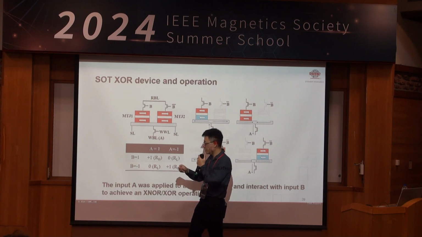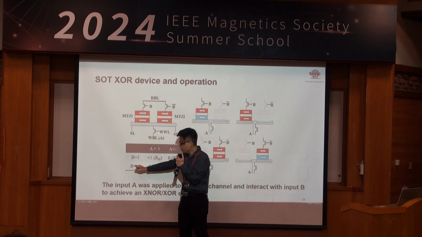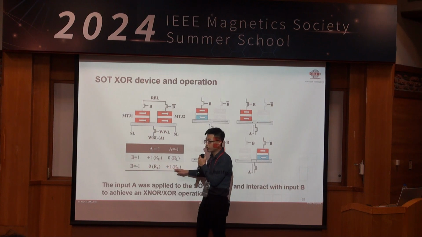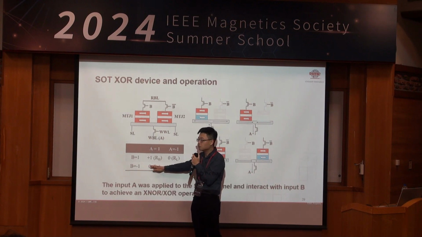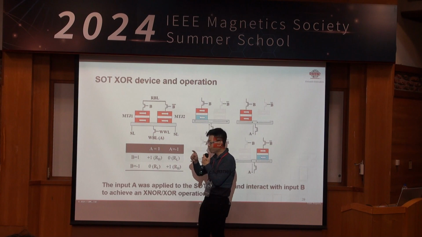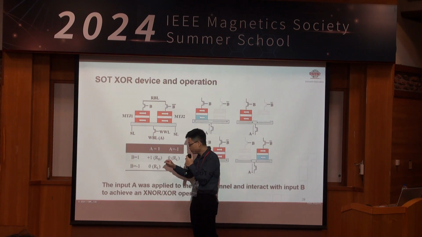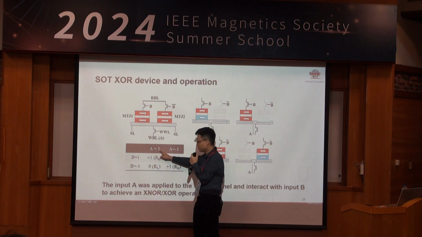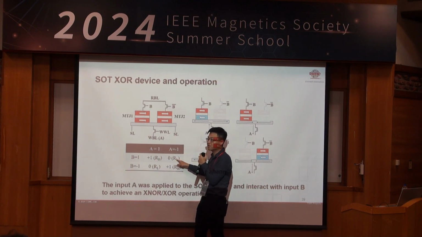If you have a negative B, you cannot read the MTJ, so you don't have this XOR. The resistance will always be high, either the AP state or just insulating, right? So the only possibility to read the low resistance is if you turn on the word line and also write the MTJ into the low resistance state. Am I right?